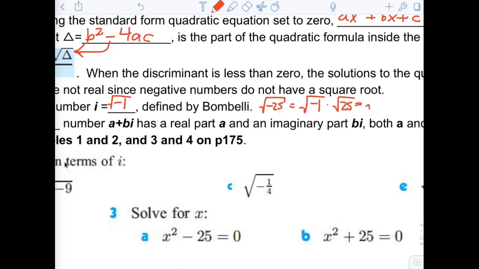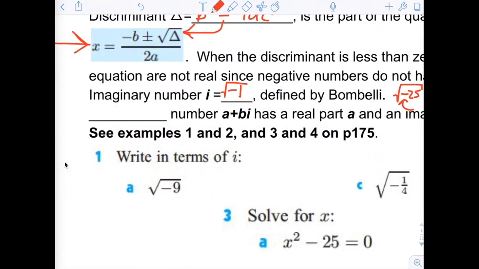So that's equal to the square root of -1 times 5. So you can solve this problem of having negative numbers just by inventing a square root of -1 and using that as a factor with regular positive numbers that do have square roots.